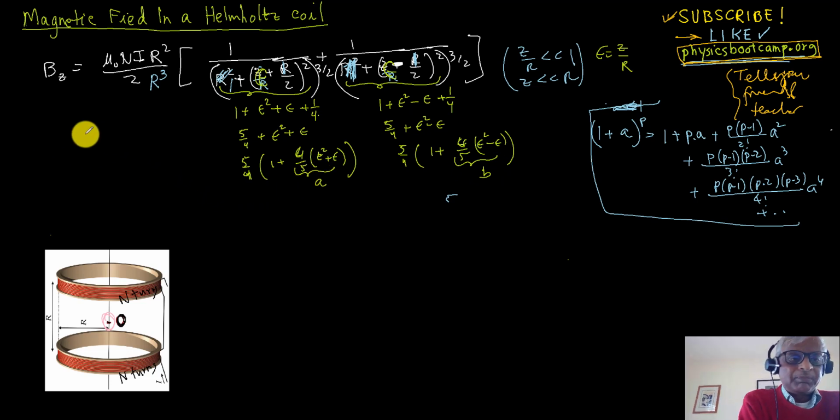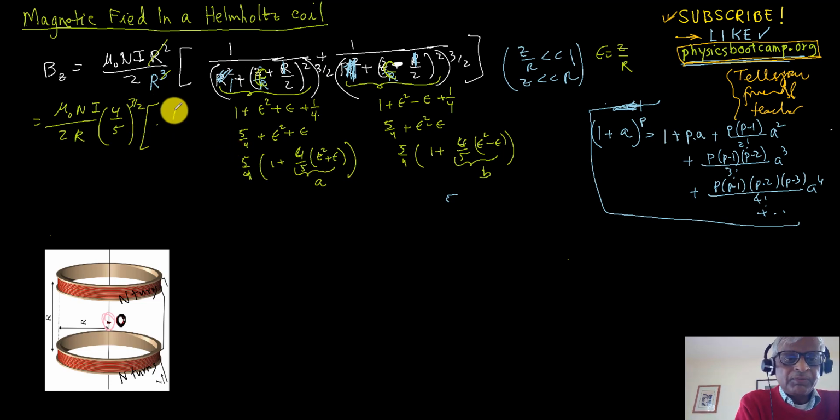Then if I'm done with pulling all the things out, let's cancel this guy, mu naught n i/2r. Then I pull this guy to the 3/2 power, so this is going to be 4/5 to the power 3/2.